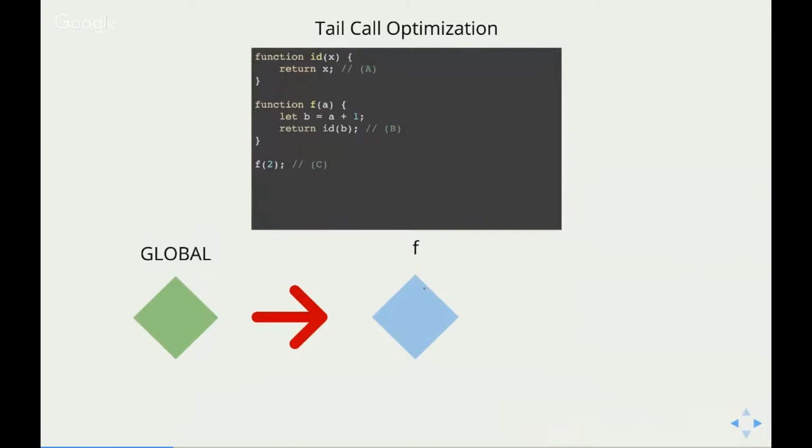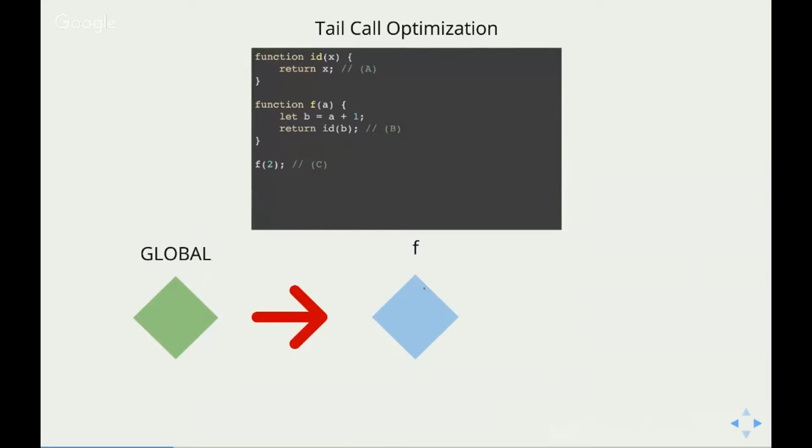A stack frame is a place in memory where we put all arguments of the function, all local variables, and a return address of the function. So basically, this is all the information that is needed during runtime.